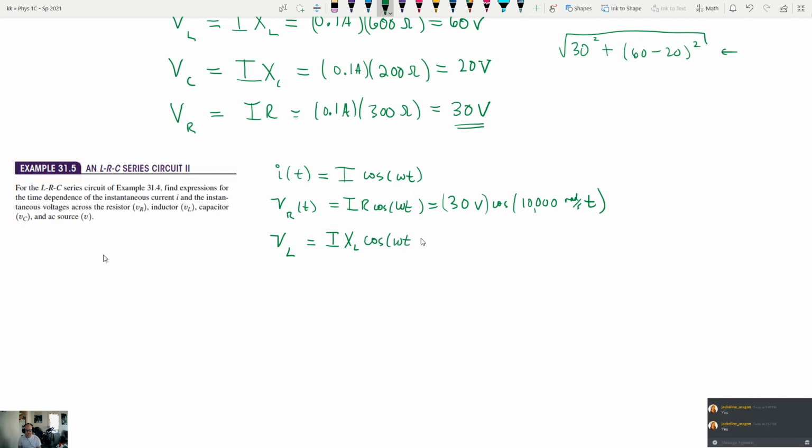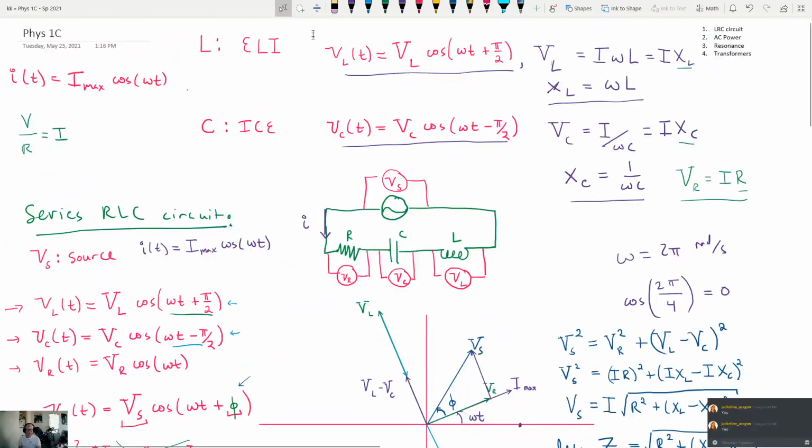But now I have to include something here, and this is where these two mnemonics help a lot. If you don't remember what it is, you need E to lead I. So this voltage needs to be ahead by exactly pi over 2. Then we can check. VL, was it supposed to be plus pi over 2? It is, right?